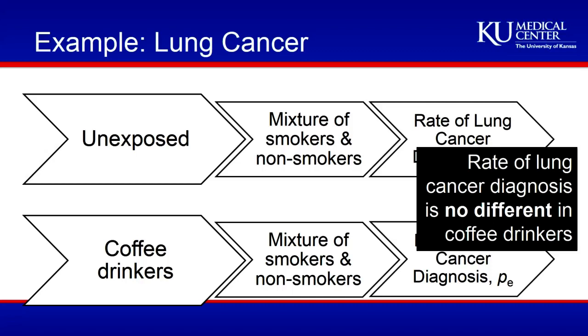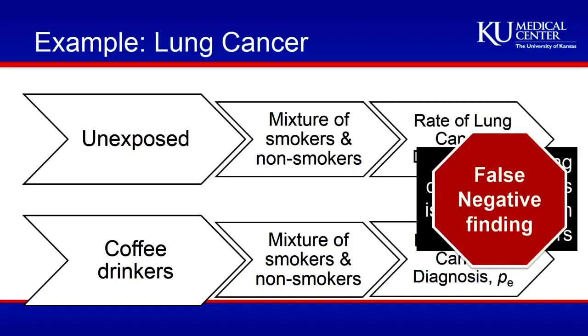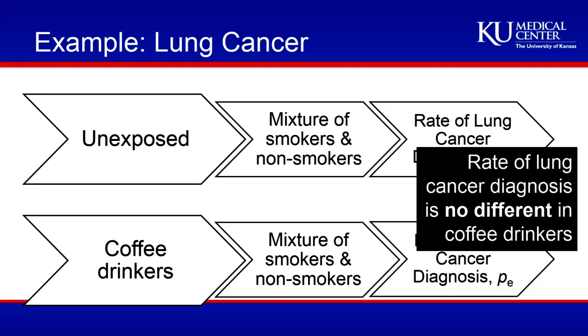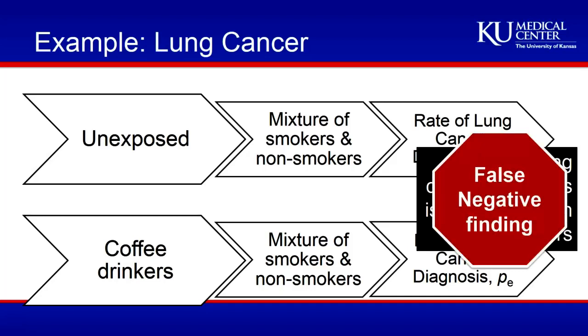So let's suppose that there is an association between coffee drinking and lung cancer. If there is, and we have this additional source of variation, we might end up with a false negative finding. That is, not being able to detect differences in lung cancer diagnosis rates between the two groups because we have too much noise in our data. That's called a false negative finding, which is a type 2 error.